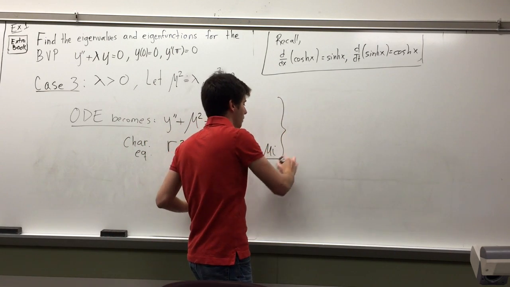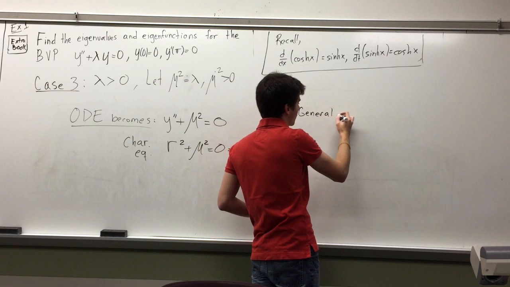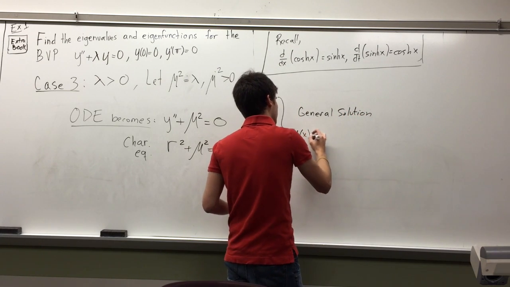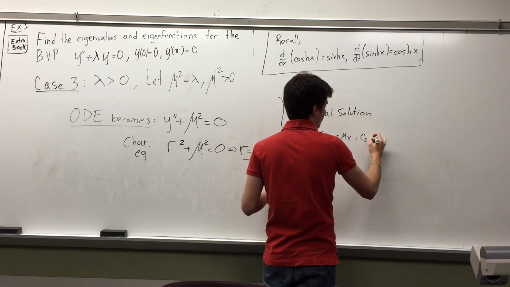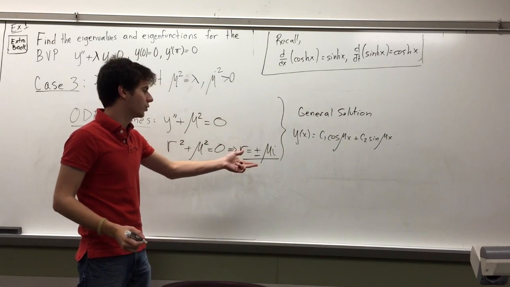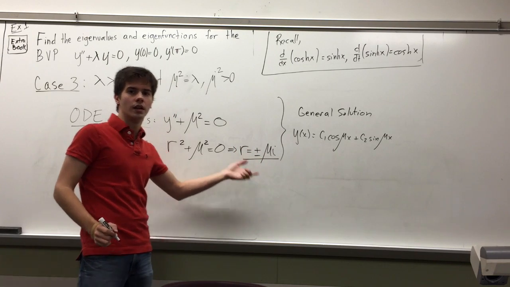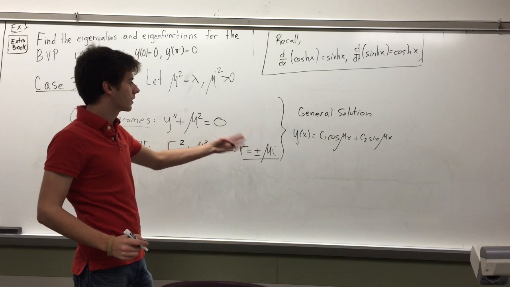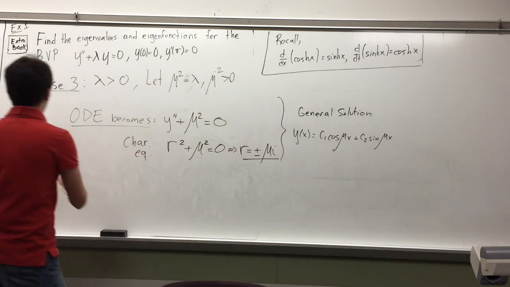If we write down the general solution, we have that y of x is equal to c1 cosine of mu x plus c2 sine of mu x. And this is just the solution when we have pure imaginaries in our characteristic equation. This is just using the relationship that we know. So this is what we have for our general solution.